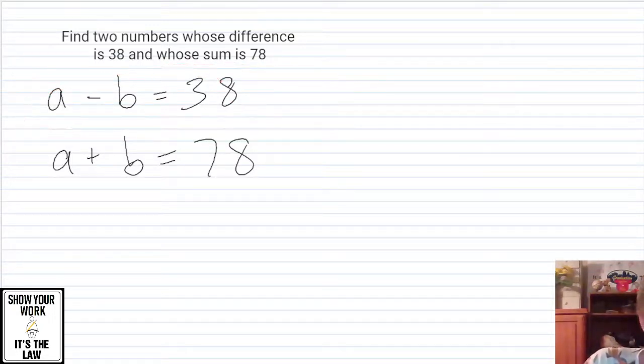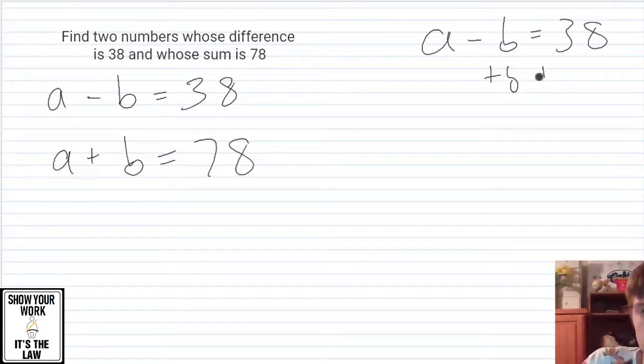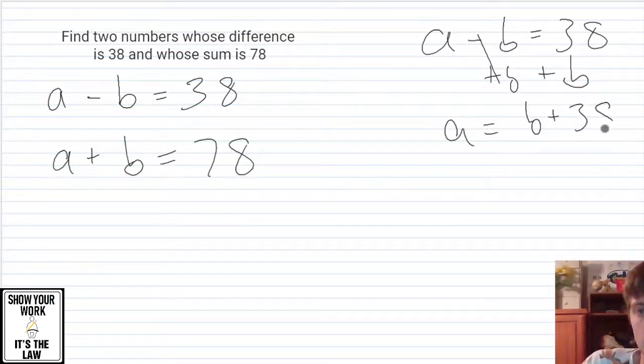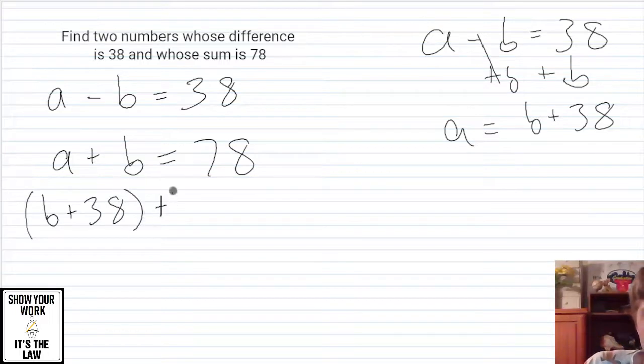So let's go ahead and get A by itself. Let's add a B to both sides, plus B plus B. That's going to give us A equals B plus 38. And now that we know what A is, we can go back to this problem over here and do a substitute. A equals B plus 38, so that's subbed in. Everything else is the same.